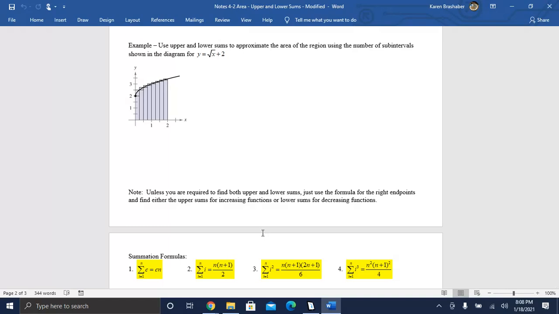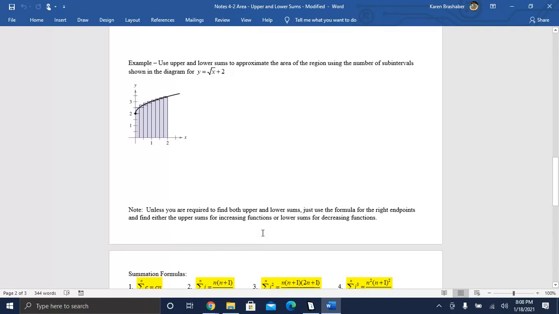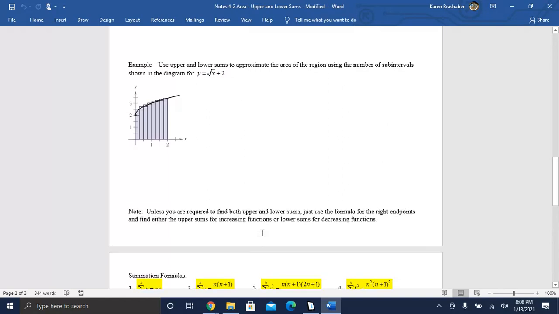So to get started on this, I think one of the first things that you need to take into account would be the A and the B. So A is your leftmost X, and so that's going to be a 0. The B is the rightmost X, so that would be this right here.